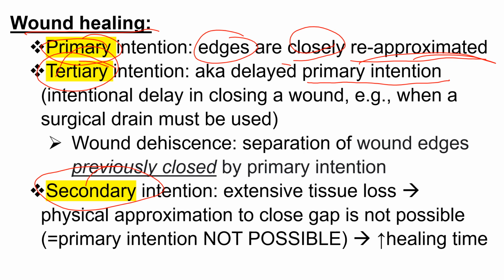Primary intention that is delayed is essentially your tertiary intention, and sometimes you leave a surgical drain in there to plan ahead. So wound dehiscence is when a primary intention was done and the wound edges separate. The wound edges separate, and obviously you need to look at what the cause is and take care of the patient in the required way.